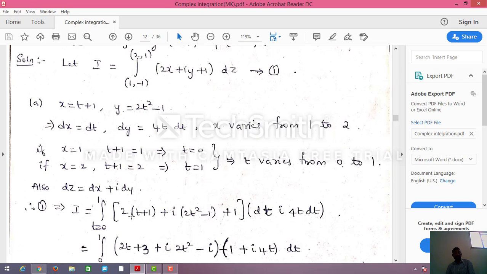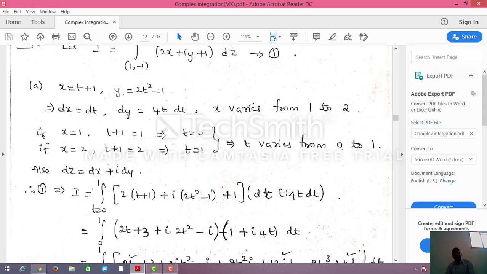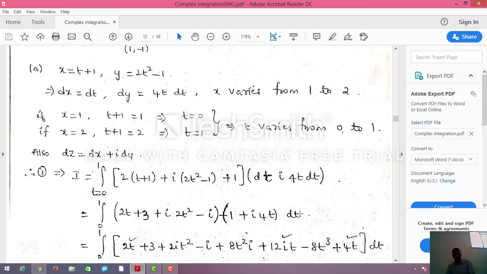Now I am multiplying 2t plus 2. Here 1 is there, that one I added, 2t plus 3. Then i into 2t square minus i. In dz, dt plus i into 4t dt, I took dt outside and I am getting 1 plus 4it into dt.